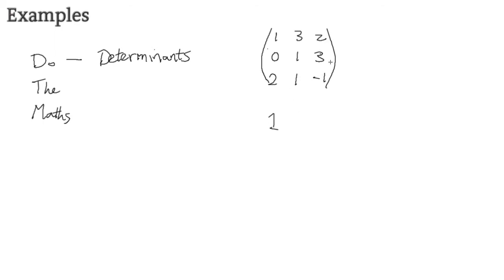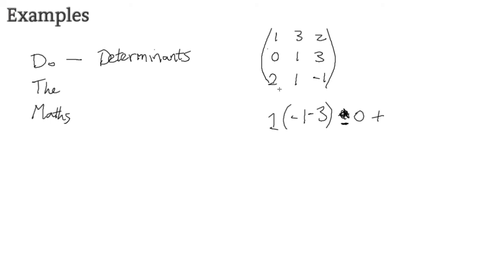So I have 1 times the determinant here, which is minus 1, take 3, plus 0. Actually, this is subtract 0, but for completeness' sake, I'm going to do the negative just to remind you of that.